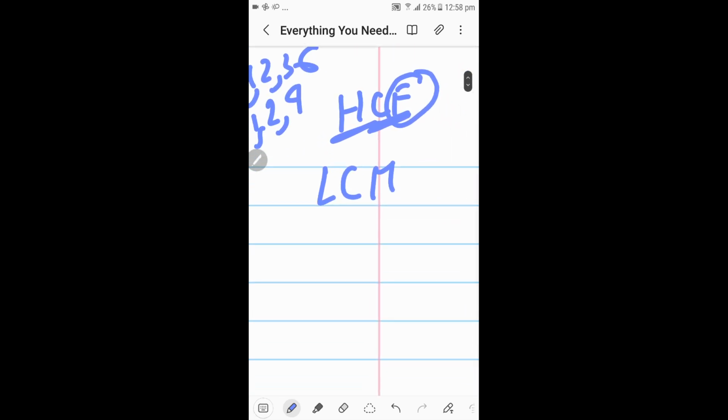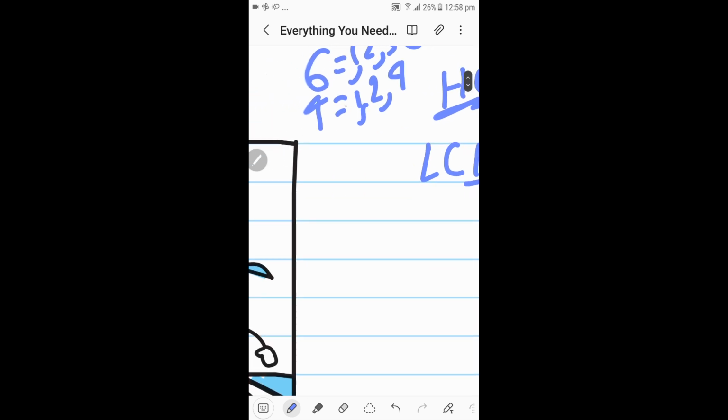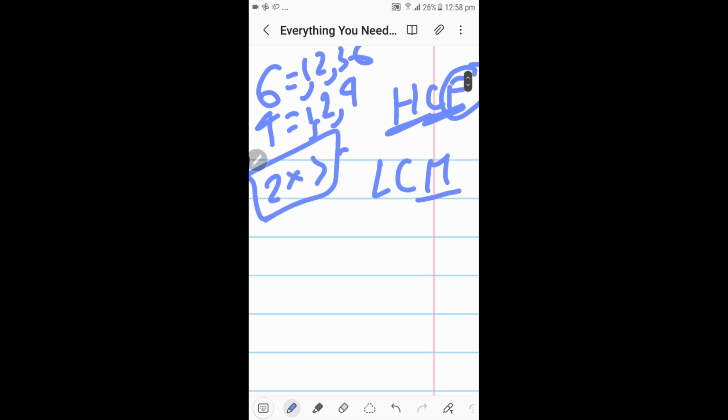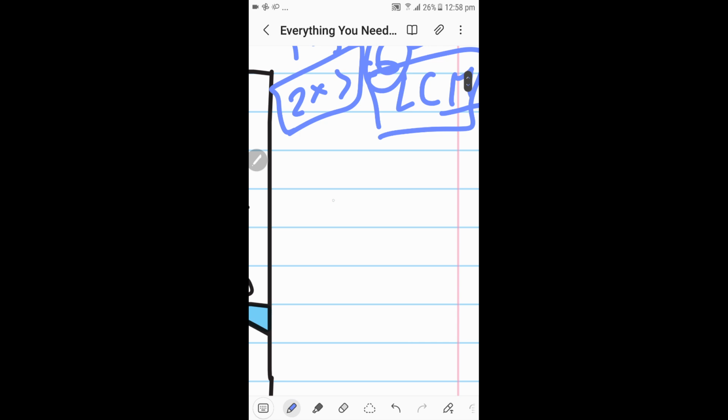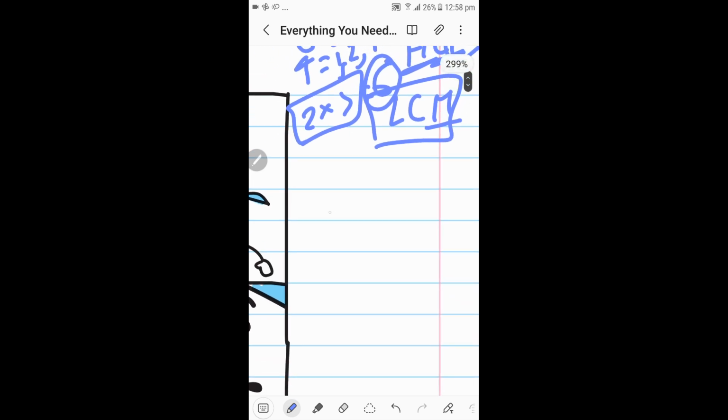LCM is quite the opposite. If HCF was focused on factors, LCM is focused on multiples. In short, LCM is basically the multiplication table. For example, let's take multiples of 2.